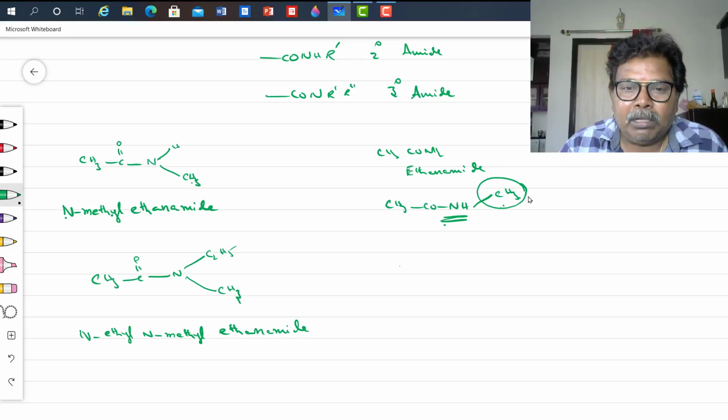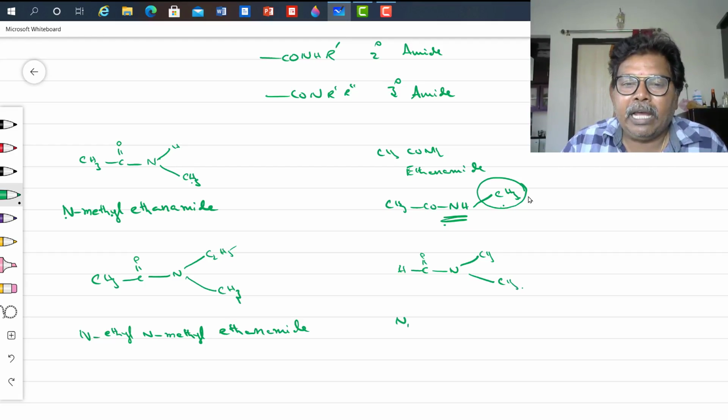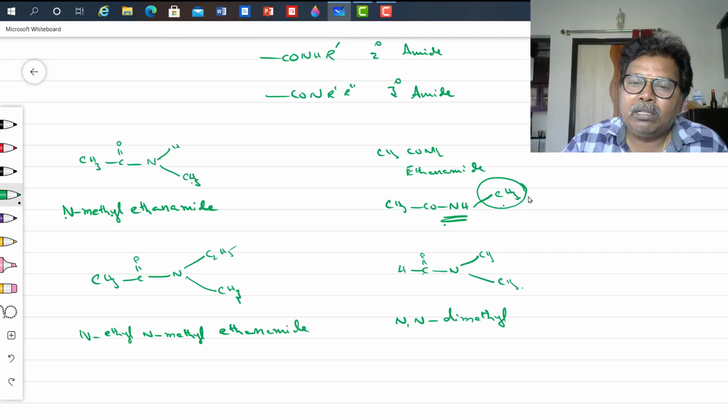See, for example, HC double bond O N CH3, for example, CH3. Then we can write it as N comma N because two similar groups are there. Therefore, N comma N dimethyl, number of carbons only one, methanamide. So this is about the nomenclature of amides.